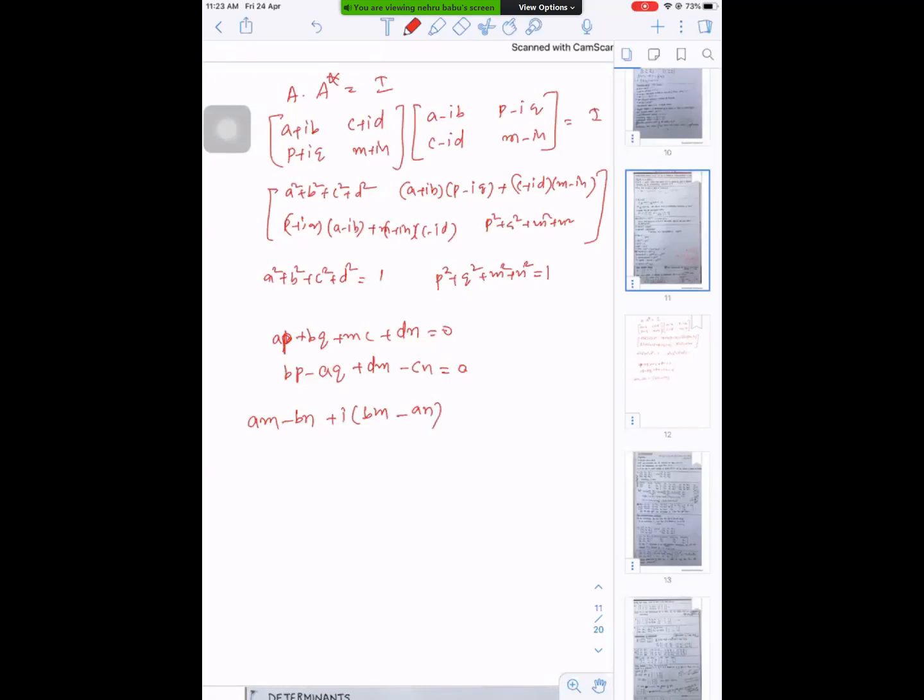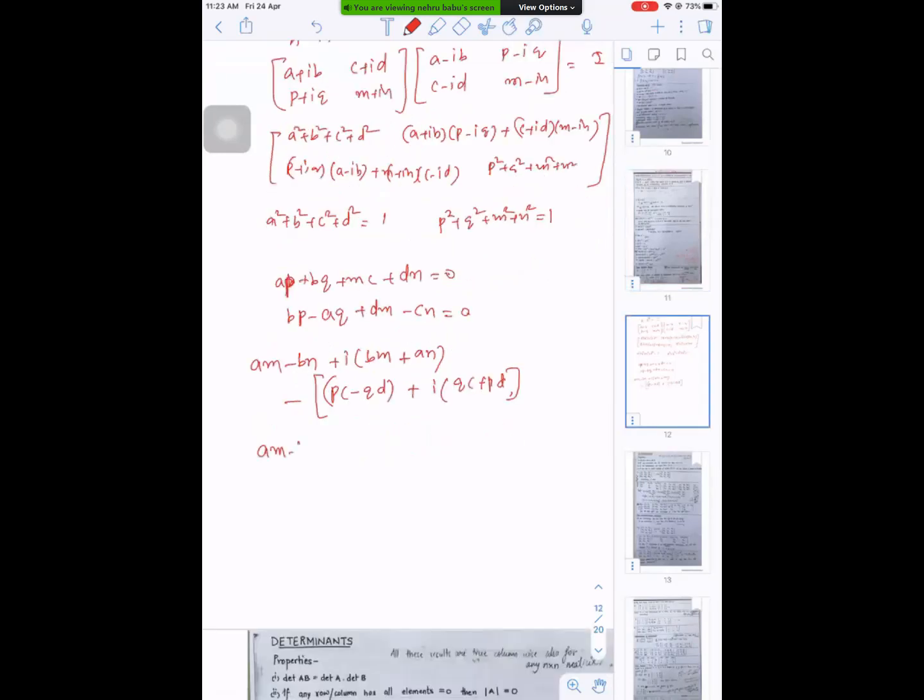This part minus PC minus QD... BM plus AN. Next here, PC minus QD plus i into QC plus PD. This is the det.